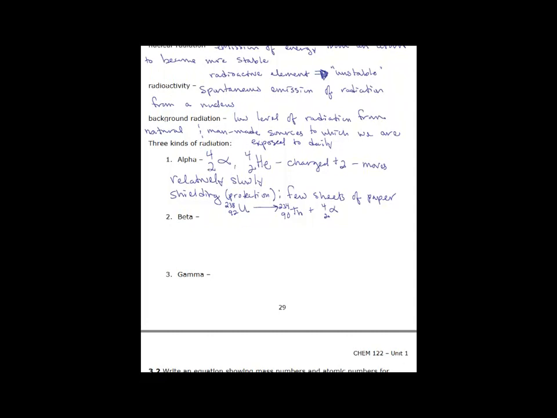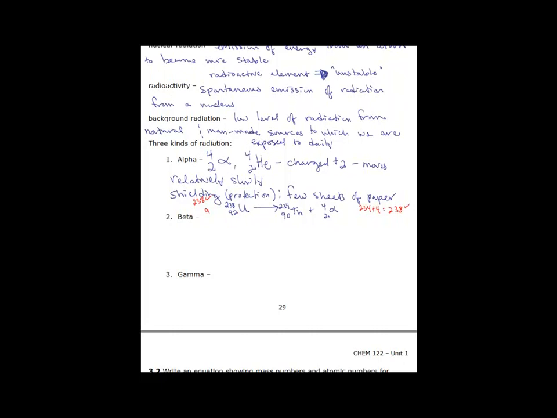And so the sum of the mass numbers on the left must equal the sum of the mass numbers on the right. So on this side we have 238. So the sum of the mass numbers here, 234 plus 4, that checks out, 238. So that's balanced. Same thing has to be true of the atomic numbers.